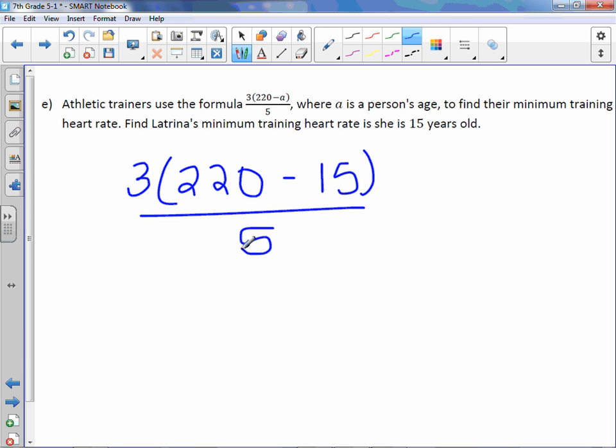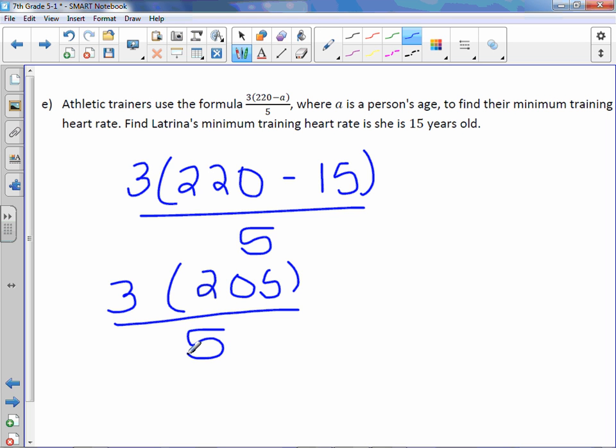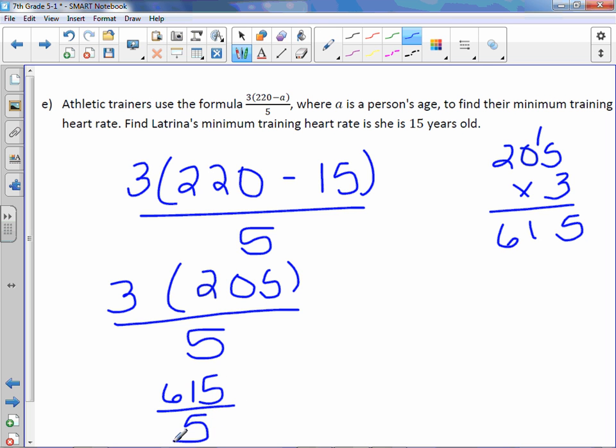We have to do what's in the parentheses first. 220 minus 15 is 205. Now we have to do our multiplication up top. So 205 times 3 is 615. So we have 615 over 5.